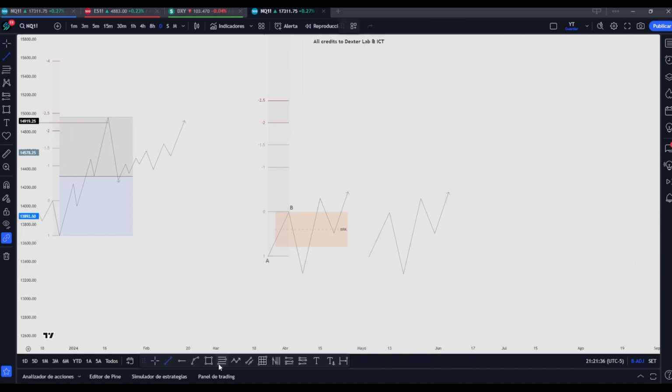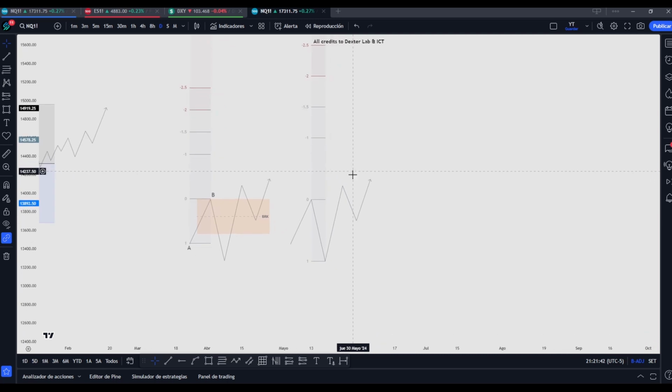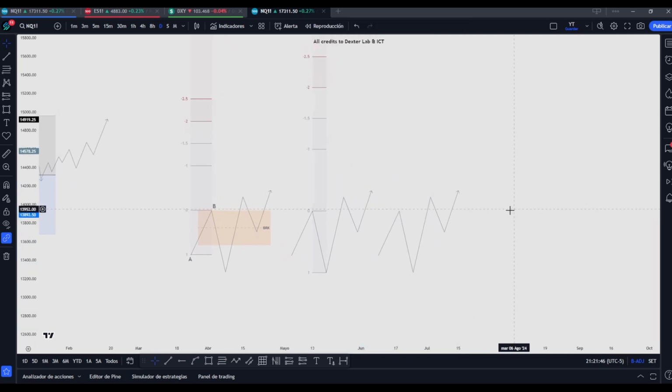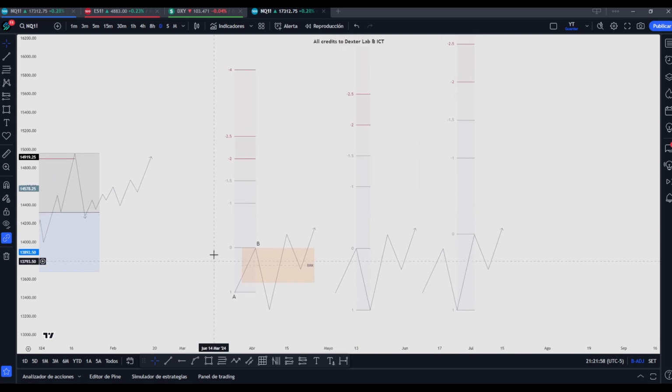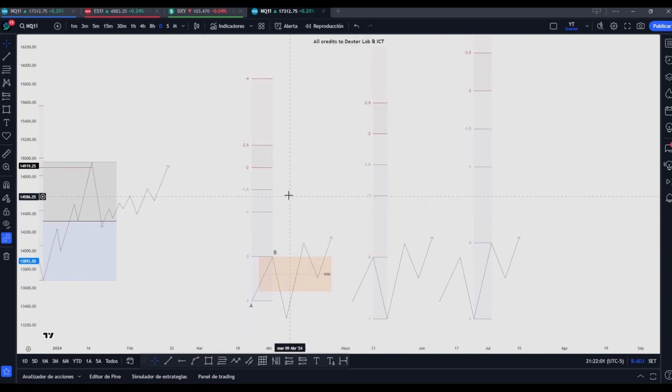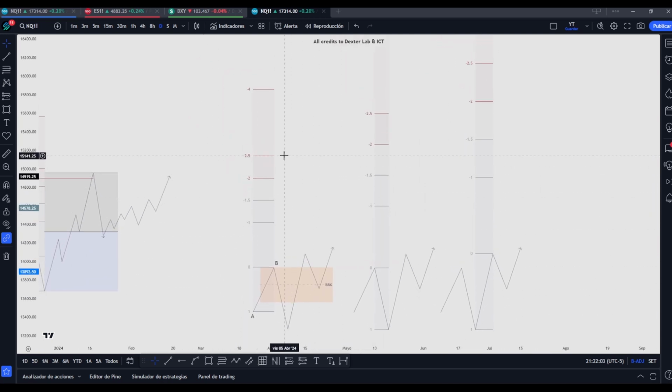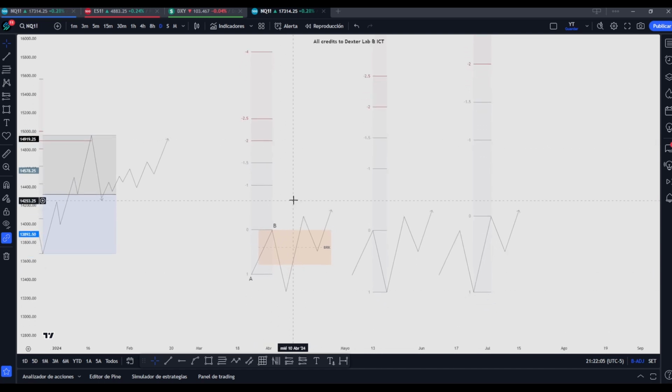Using the same format, we also have our manipulation leg, which will be this. Cloning this once again, we'll have the first distribution leg placement from here to here. So we have these three forms to place standard deviations.